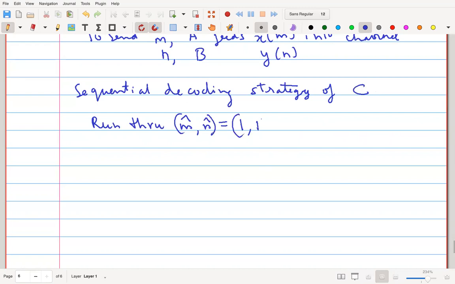So they'll run from 1,1 to 2 to the R1, 2 to the R2. All of them, R1 cross R2. Yes, clear, right?